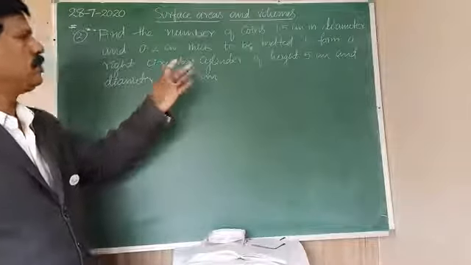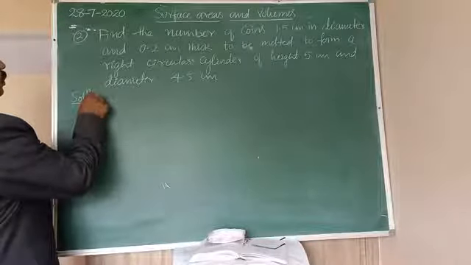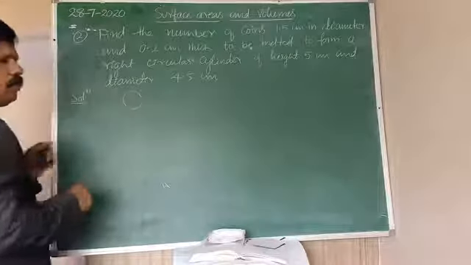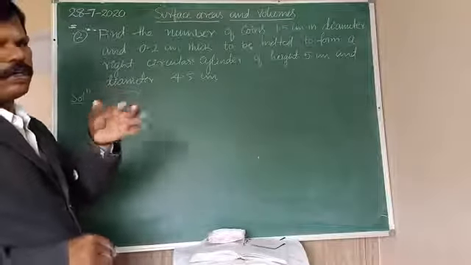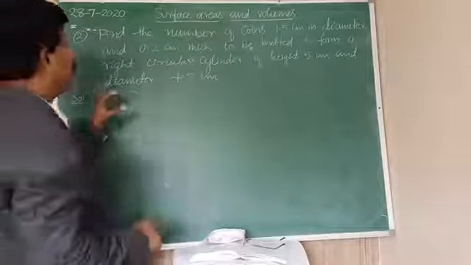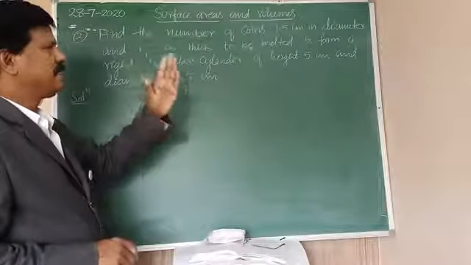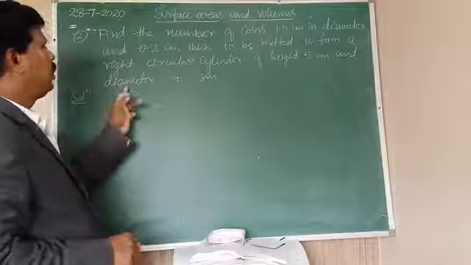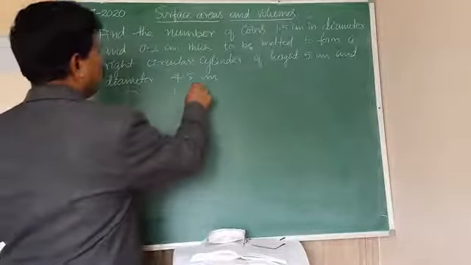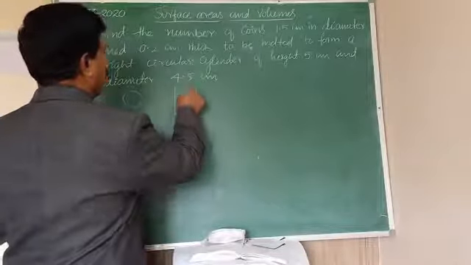Clear? So first we should find out this. So solution, what is the solution? You know that the coins, here is the coin, say a 5 rupees coin, you know the thickness and the circular radius. So like that how many coins we should melt to form a cylinder of height 5 centimeter and diameter 4.5.